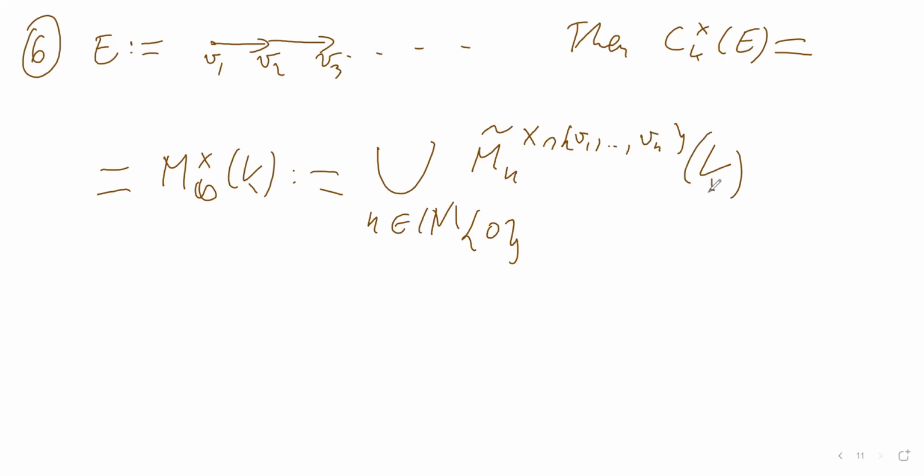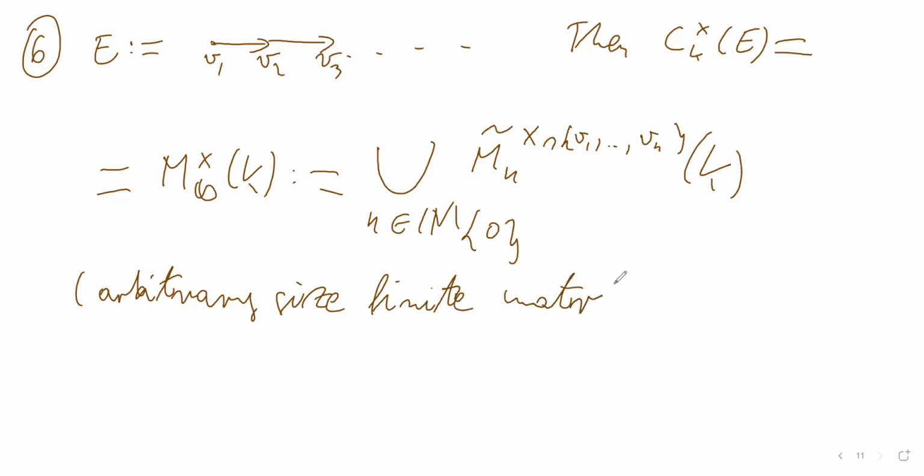Okay, right? And how do I make sense out of this union? Well, these are arbitrary sizes, but finite matrices. Where I have to make sense out of this union, I have to say how n by n matrices are viewed as n plus 1 by n plus 1 matrices. Well, that's the obvious way.